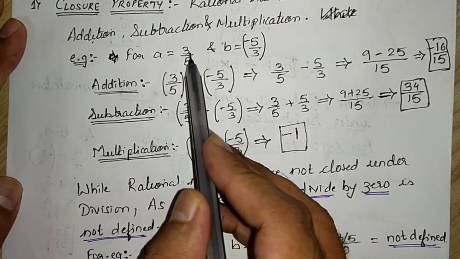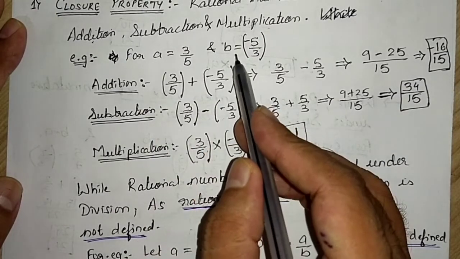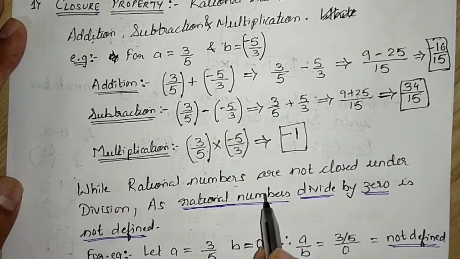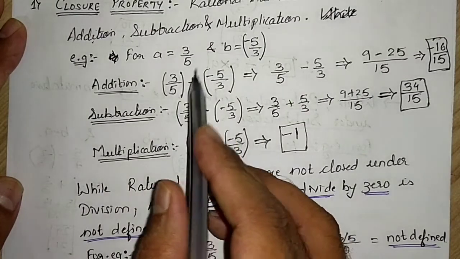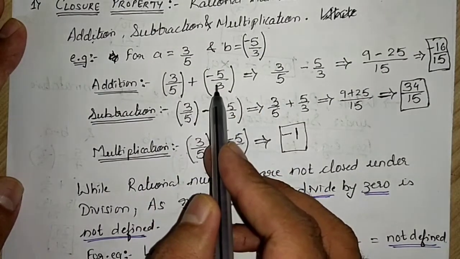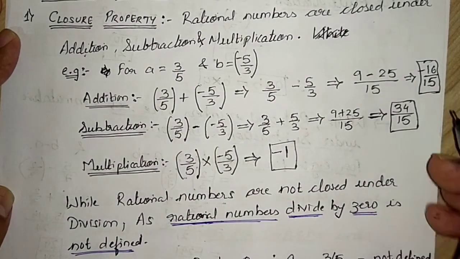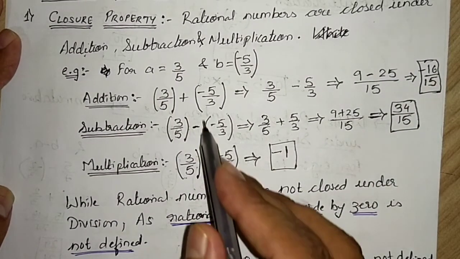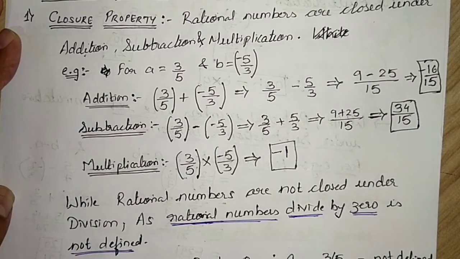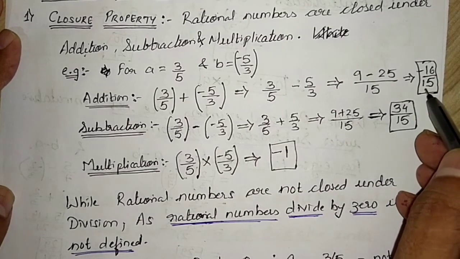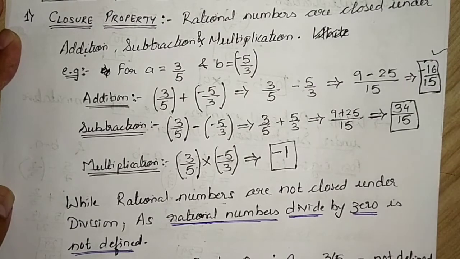Here let A be 3 divided by 5 and B be equal to minus 5 by 3. If I am adding them, A and B, I will get the result as minus 16 divided by 15. You can calculate yourself also. And minus 16 divided by 15 again is a rational number.